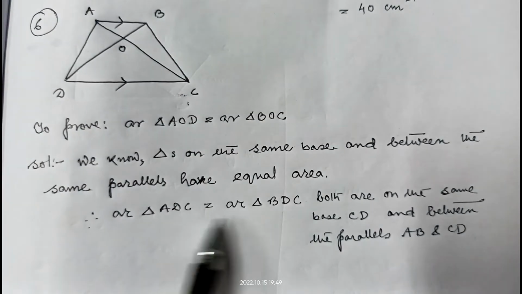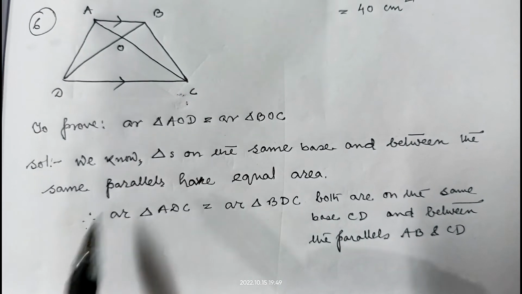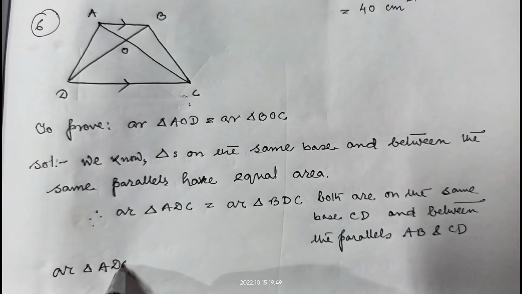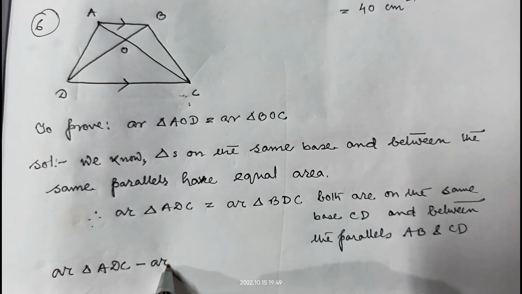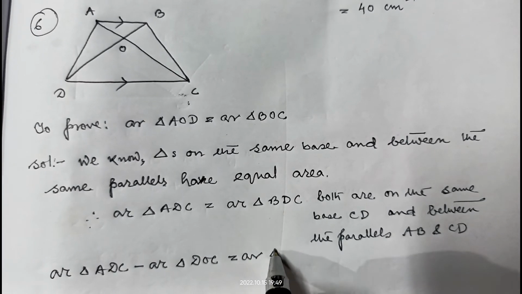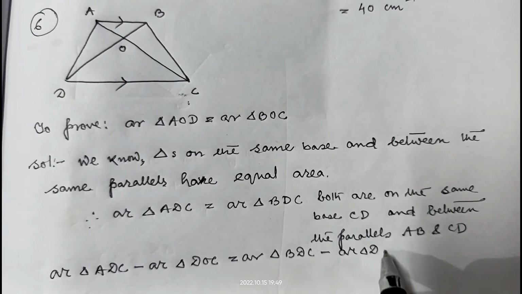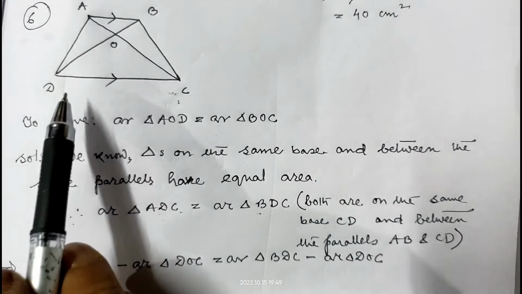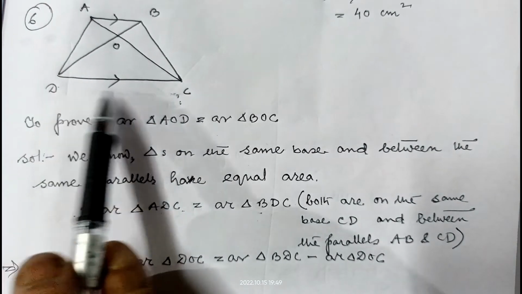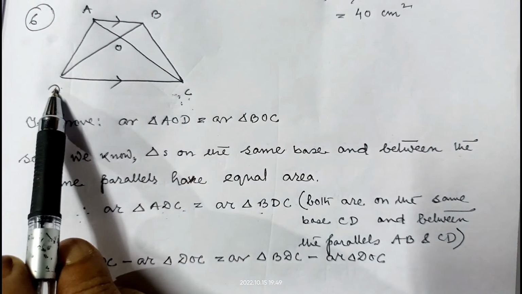Now from these two triangles, if I subtract the common area, that is DOC, then I am going to get area of triangle ADC minus area of triangle DOC equal to area of triangle BDC minus area of triangle DOC. So from both the triangles we are subtracting the common area, that is DOC. Now ADC minus DOC, we are left with AOD.